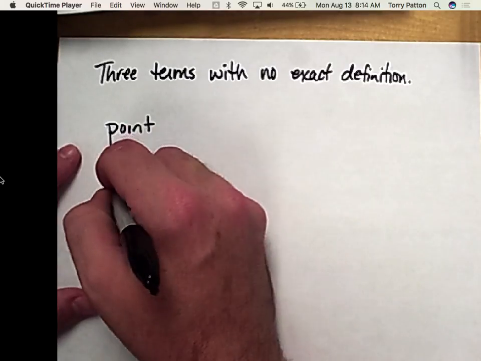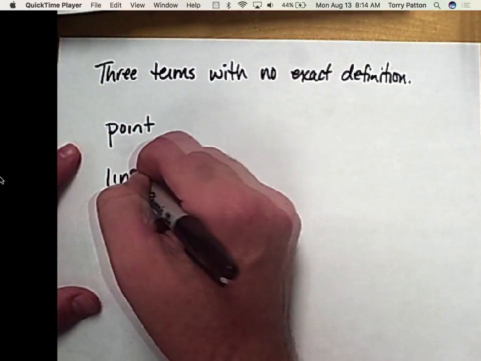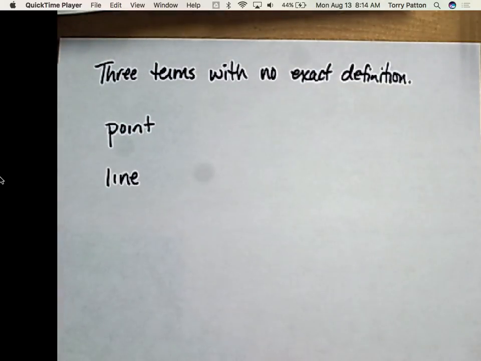Okay, the next one is line. Now you can kind of define a line if you've defined point. A line is a collection of points in a straight line. Well, there you used line in its own definition though. But you see what I'm saying though? You know what a line is.